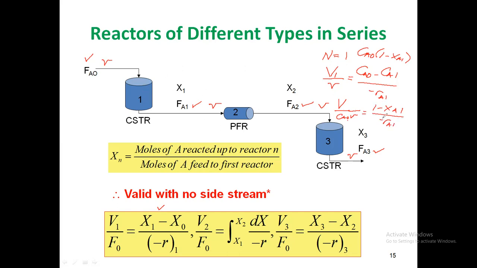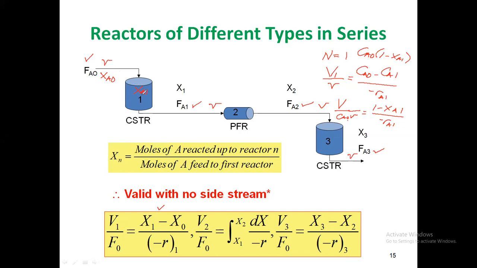This 1 minus XA1 could be represented as the difference between XA1 minus XAO, if there is initial conversion on your feed, or if your feed is initially or partly converted before it's being processed in your first CSTR.